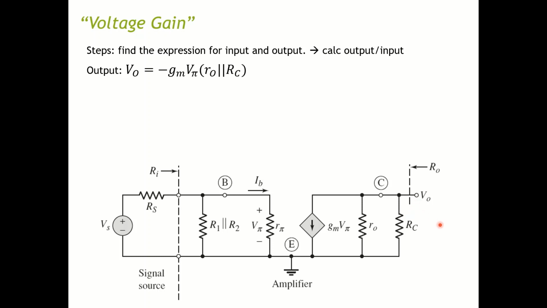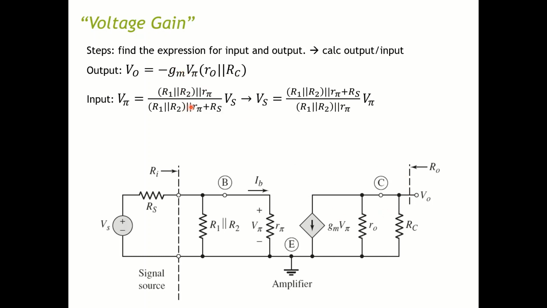That's because the current here is going in this direction, so you put a minus on. You have the current multiplied by the resistance, so you combine these two together, that's why you have the parallel sign, and basically it's just Ohm's law to calculate the output.